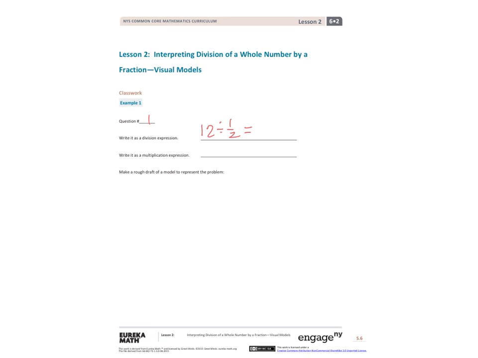I'm looking at 12 times, flipping this 2 over 1, which equals 24. It was how many half miles are in 12 miles: 24 half miles. That's the label we want to add at the end.